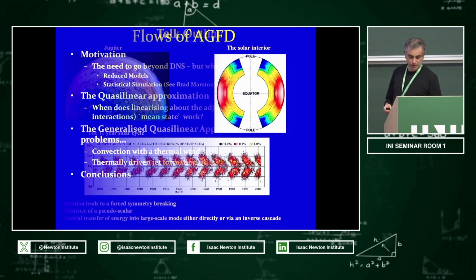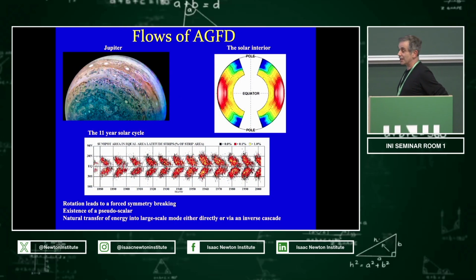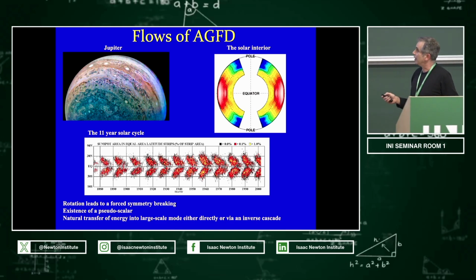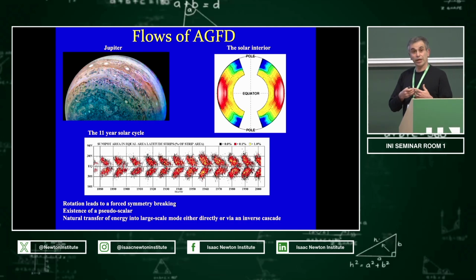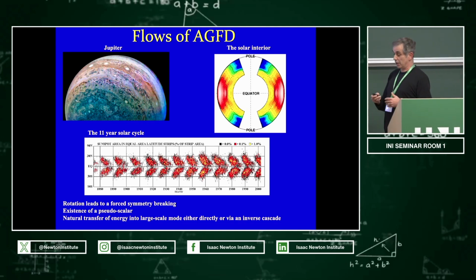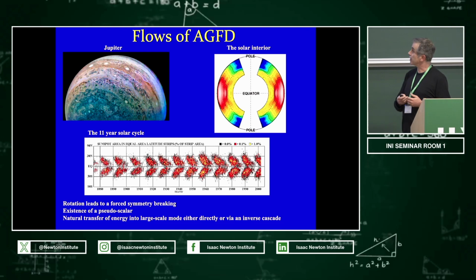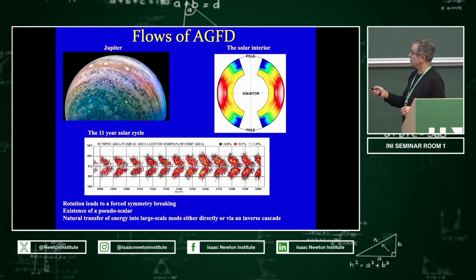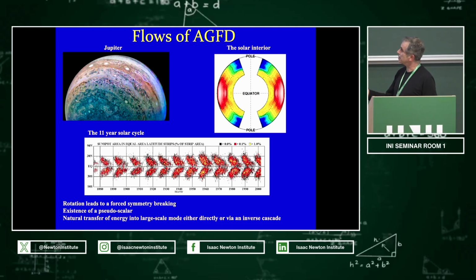Okay. So again, for this audience, I don't think I have to motivate too much, but the flows of AGFD tend to have the coexistence of turbulent flows with mean flows, which tend to vary on larger spatial scales and longer temporal scales. So we've heard a little bit about Jupiter.